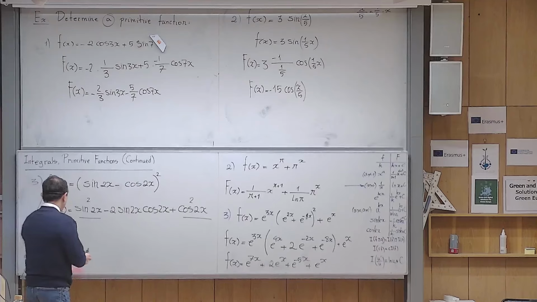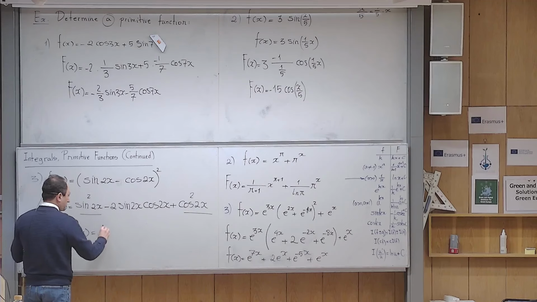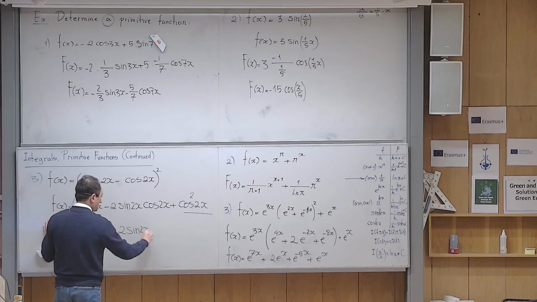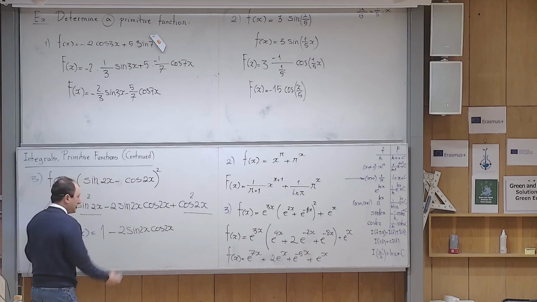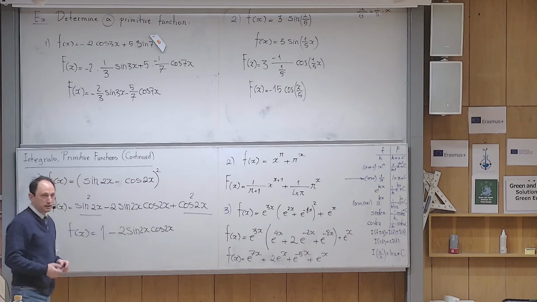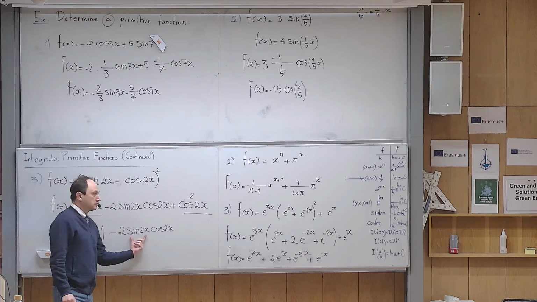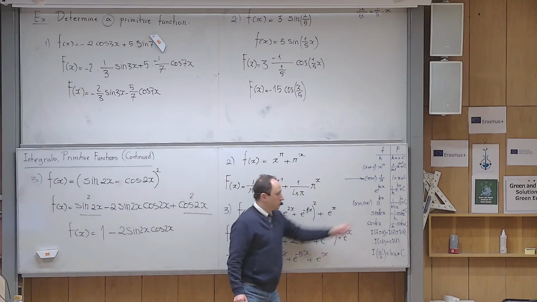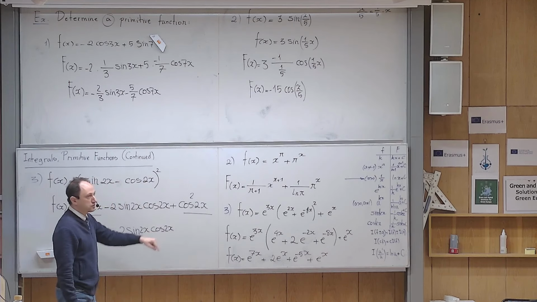Okay, but let me ask you one question. Instead of these two, I write 1, and for the time being, copy and paste the middle term. I have seen some of you take this one and that one separately. You can find a primitive function for this one only using this row, and a primitive function of this one using the next row.